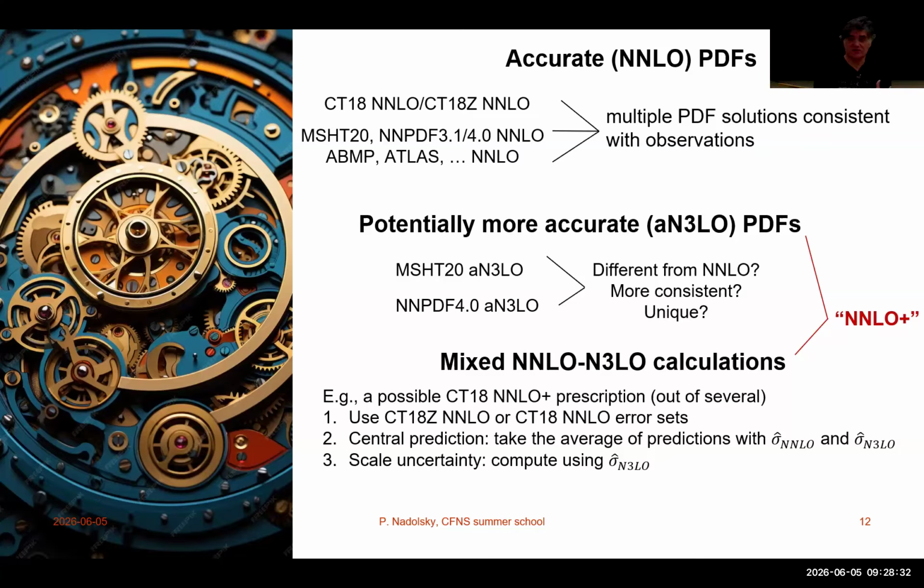Okay, so the analogy that you can think about is that each perturbative QCD calculation works like a precision clock, like a Swiss watch, right? If you have a Swiss watch, you have a guaranteed certified precision. You cannot have an approximately precise Swiss watch, right? The Swiss watch is either precise or it's not a Swiss watch.